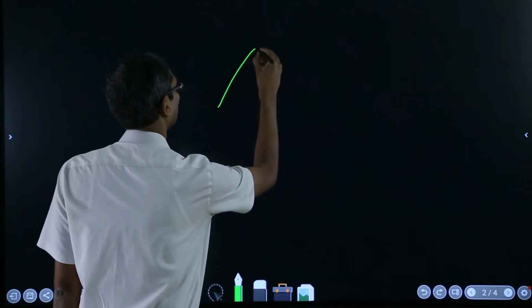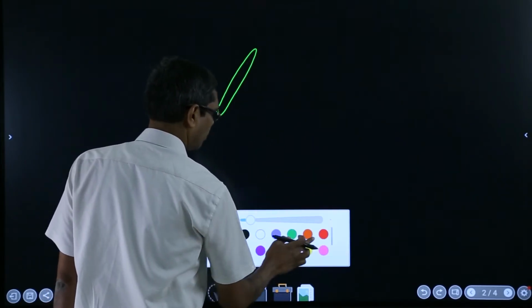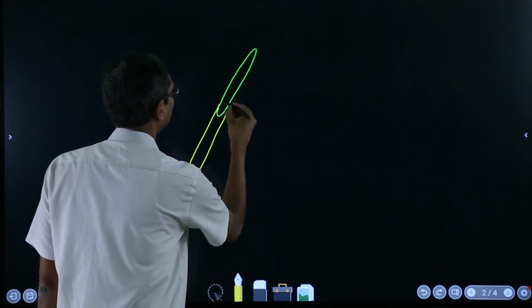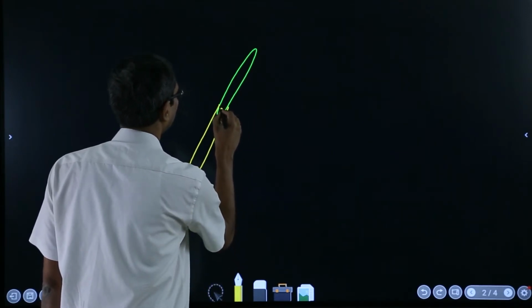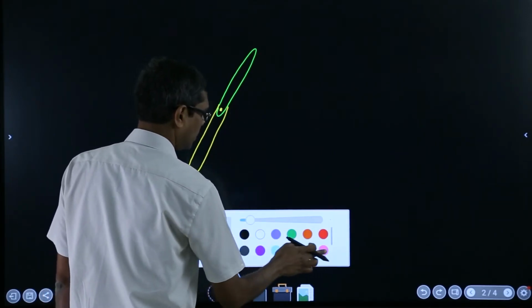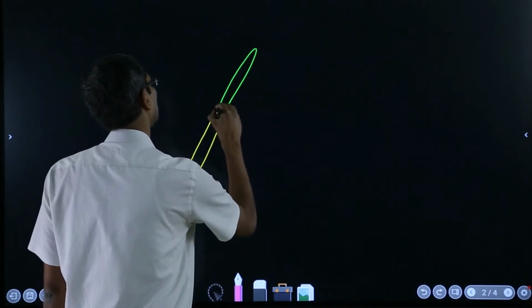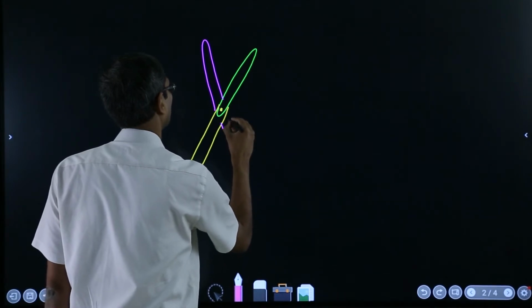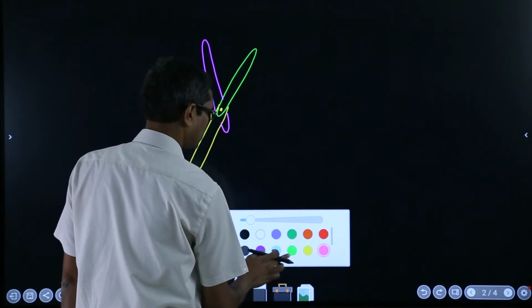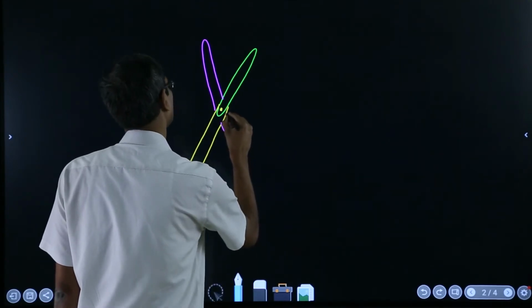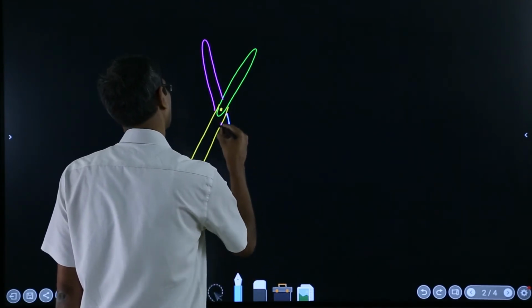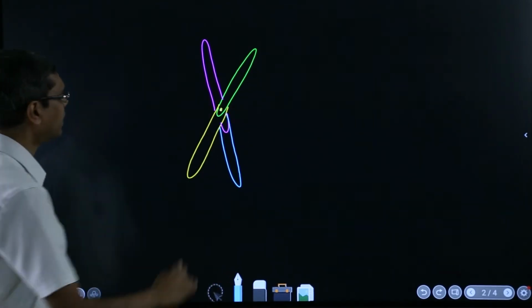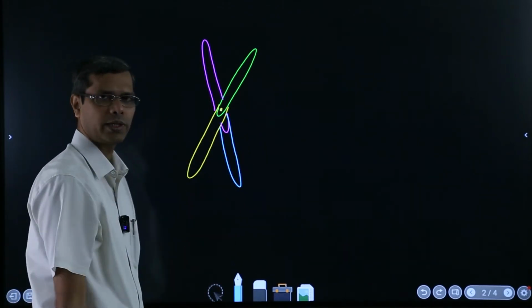Suppose you have a member like that which is collinearly connected to another member, like this, and at the same location suppose you have two more members which are crisscrossing like that. Now at the same location everything is connected, and these two are collinear and these two are collinear.